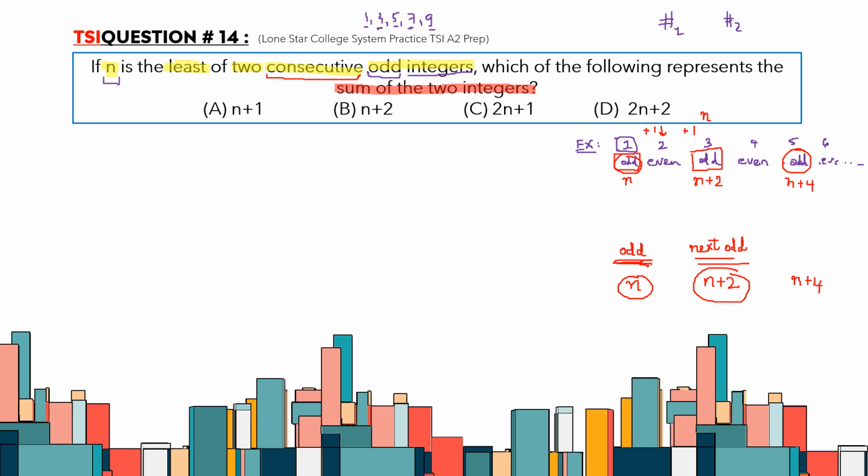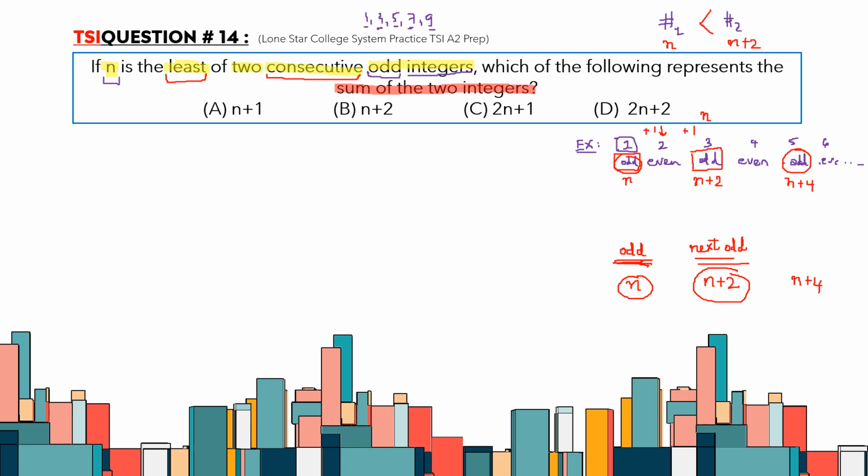They just care about the least odd number, and they said n is the least, meaning the smaller one. So we have two numbers, and n is the first number, so it has to be less than the second number, because it's the least number of the two.